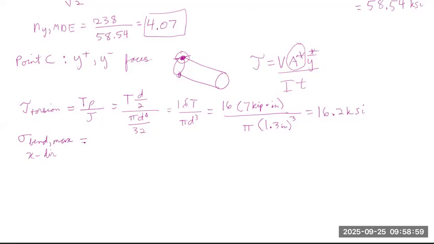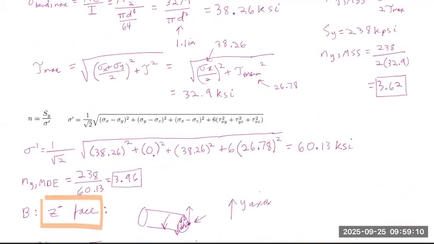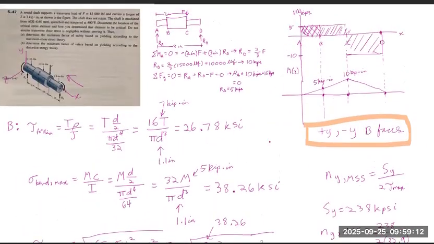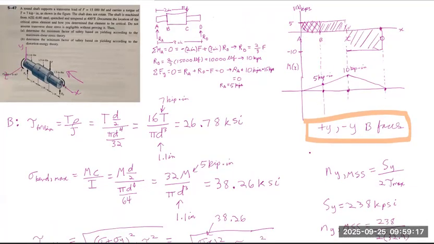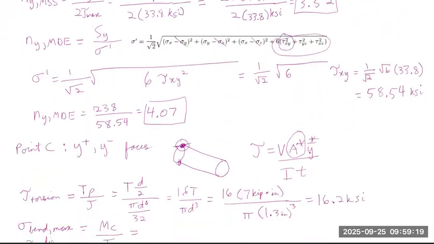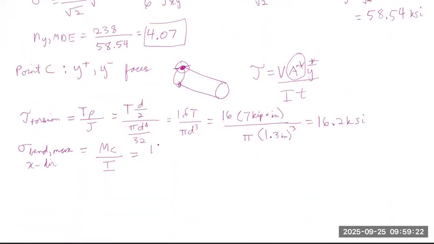And that one is equal to MC over I in general form, as we did earlier for part B. And the moment here is going to be the moment at C. And the moment at C from our bending moment diagram was found to be 10 kip inches. So equal 10 kip inch. And then C is going to be the location of the stress element from the center.